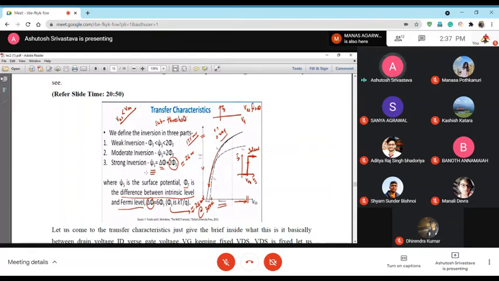So again, I will not be going into detail. You get two important parameters, including drain-induced barrier lowering and subthreshold swing.